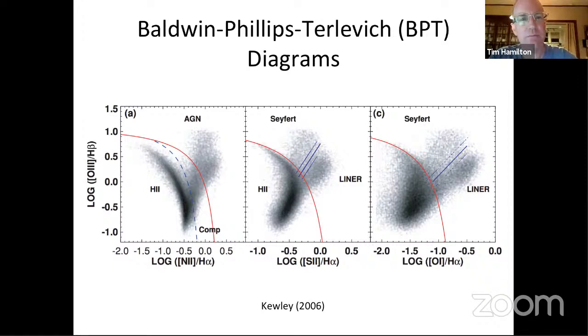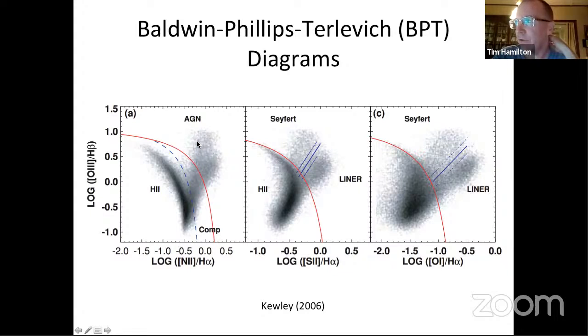And she had done more work using the Sloan Digital Sky Survey, which I'll have you using, and finding very precise dividing lines between the different classes here. So if we plot O3 over H beta for the vertical axis, and notice now we're taking the logarithm first and we're plotting it on a Cartesian plot, and we compare that to the logarithm of N2 over H alpha, same one that we had before, she shows that you can separate the active galaxies, it kind of looks like a butterfly here.